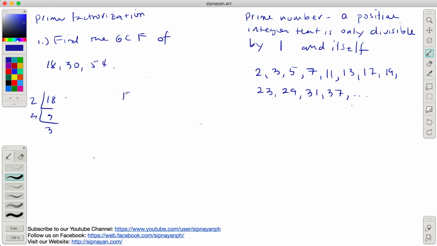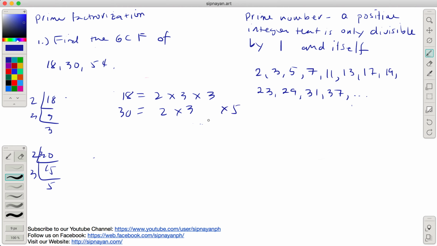Okay, so 18 is equal to 2 times 3 times 3. What about 30? So 30 divided by 2 is 15, divided by 3 is 5. So 30 is 2 times 3 times 5.